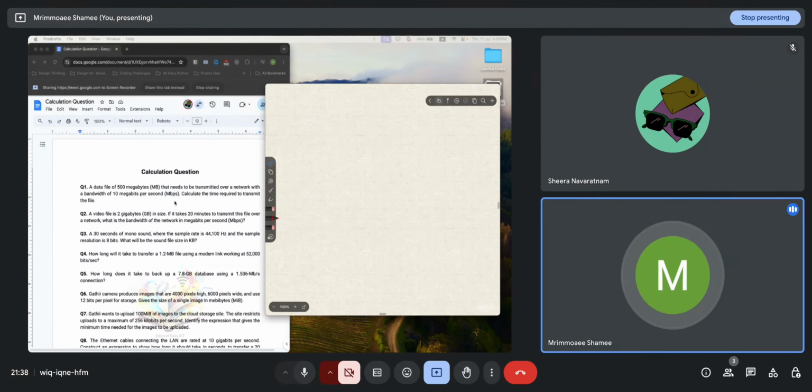Question number 1 says that a data file of 500 megabyte needs to be transmitted over a network with a bandwidth of 10 megabit per second. That means this is the data file.